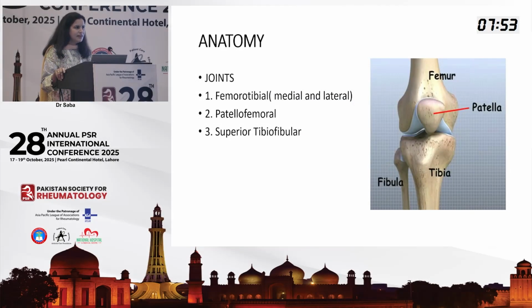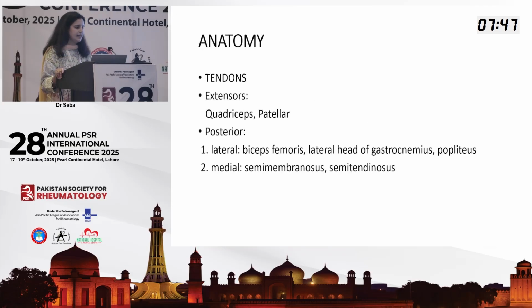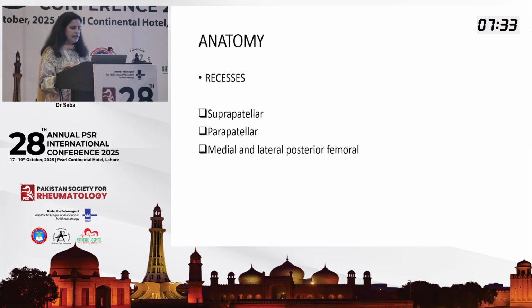Then patellofemoral engagement should also be visible to you, and we'd come across it when we do the anterior knee scanning. Then the extensor tendons would be quadriceps as well as the patellar tendon lower down. Then posteriorly we'd be coming across biceps femoris, lateral head of gastrocnemius, popliteus, and semimembranosus and semitendinosus towards the medial side.